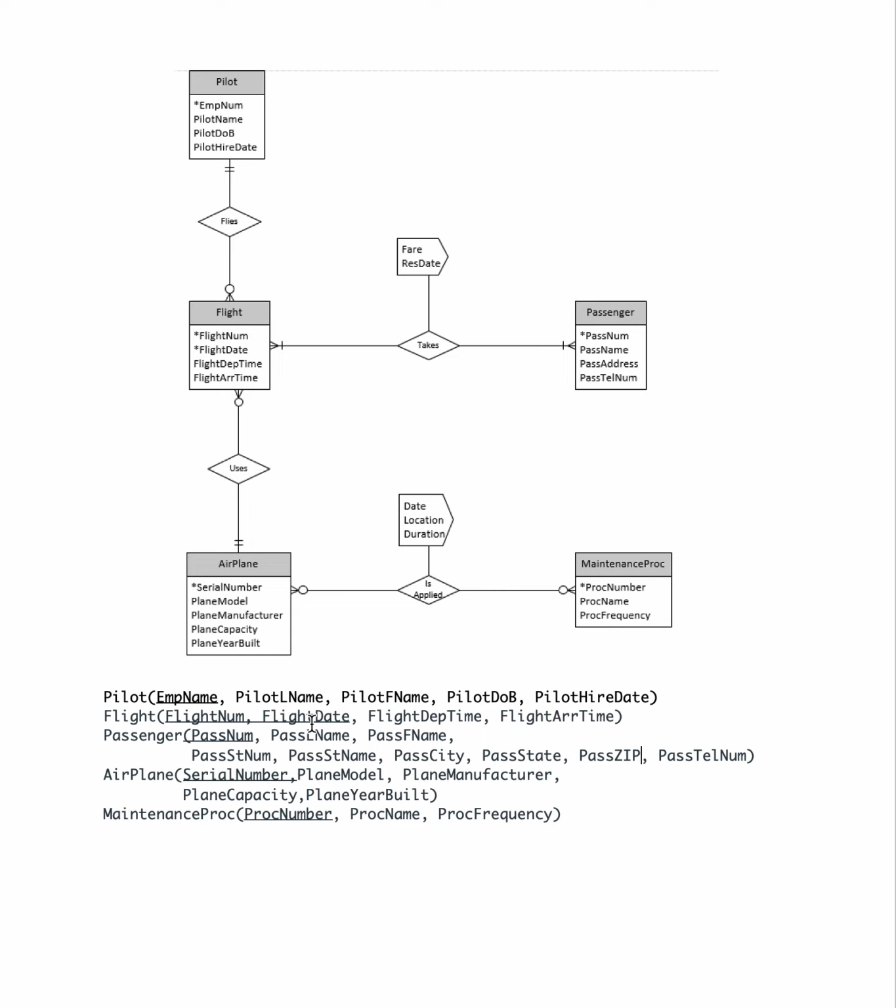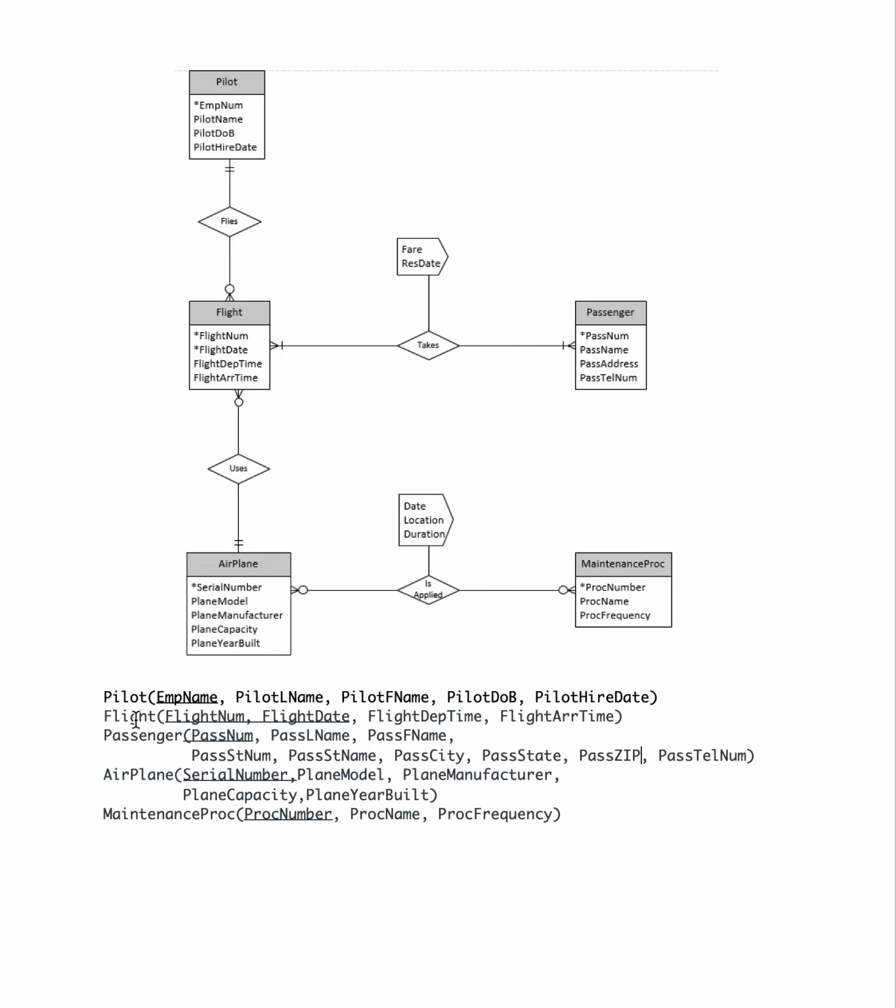The next thing to look at is whether the tables are in second normal form, whether there are partial dependencies. Since there is only one entity with a composite primary key, namely flight, we need to check it. It seems likely that the flight number will always have the same departure time and the same arrival time, independent of the date on which it is scheduled.